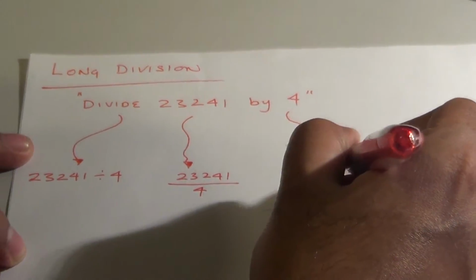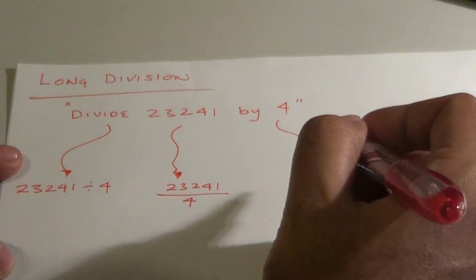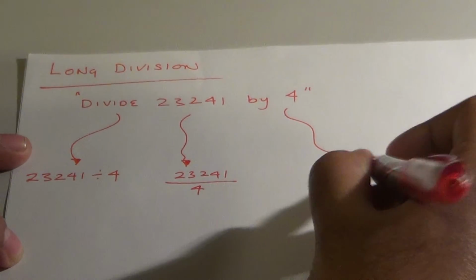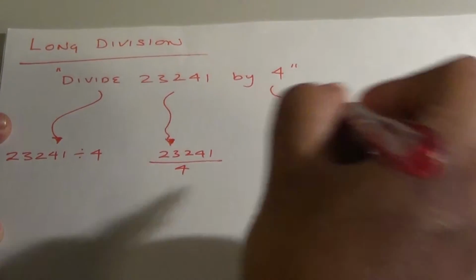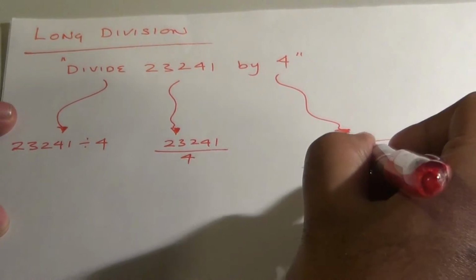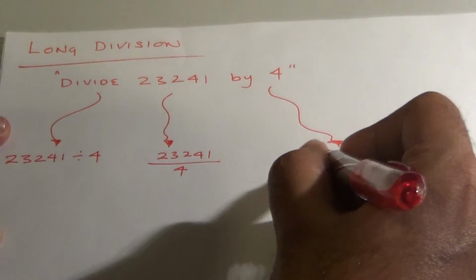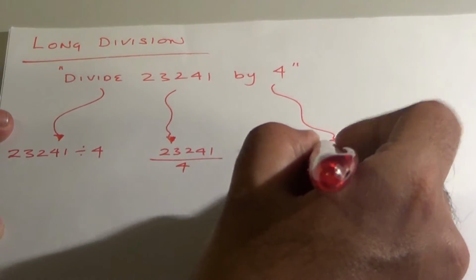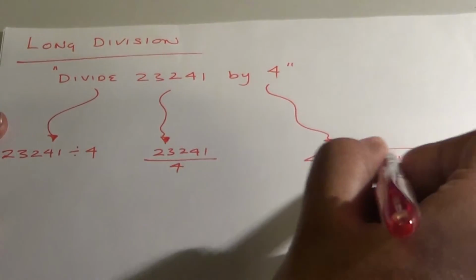Or you can do it in what I like to call the bus stop format. You write down 2, 3, 2, 4, 1, and then you put the bus stop and you put the 4 outside. So the by number goes here and the main chunk of number goes inside.